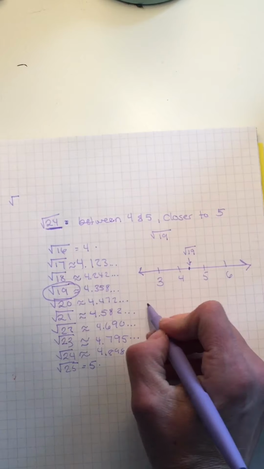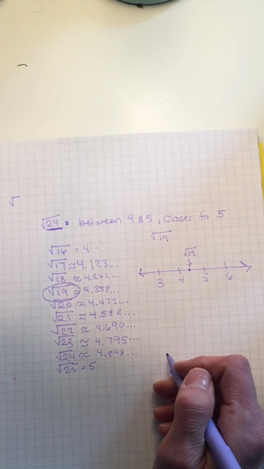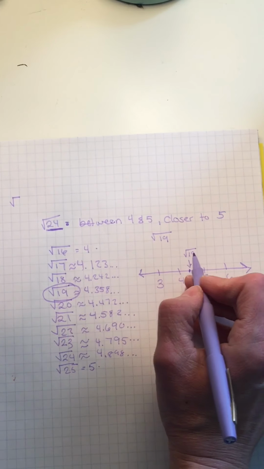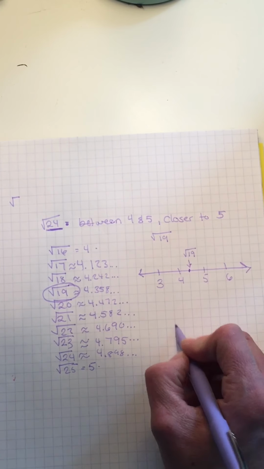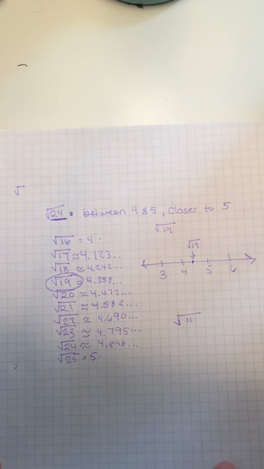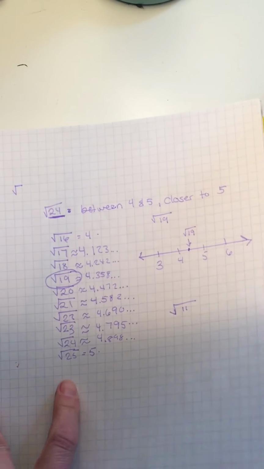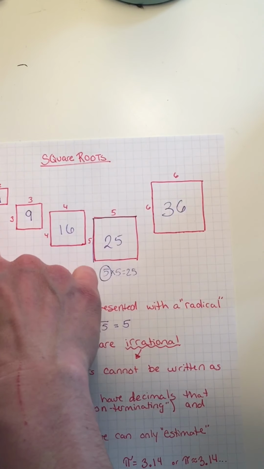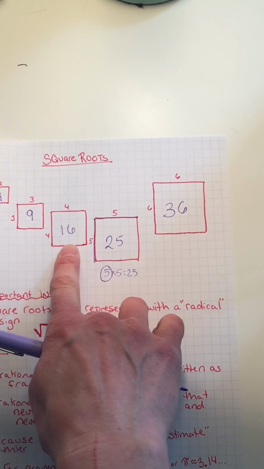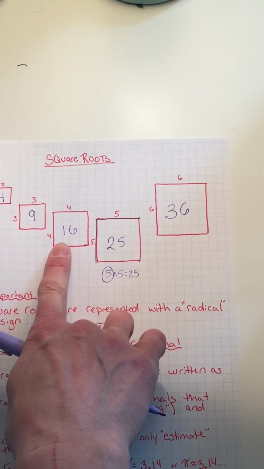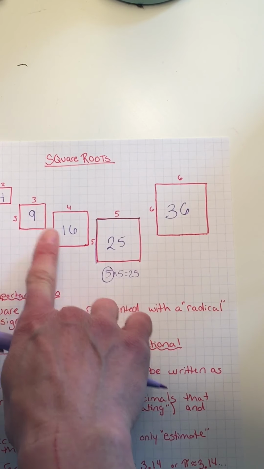So let's do one more. Say I also had on here, estimate the location on the number line for the square root of, let's go with 11. Now if I think back to my perfect squares, 1, 4, 9, 16, 25, 11 is going to be in between 9 and 16.